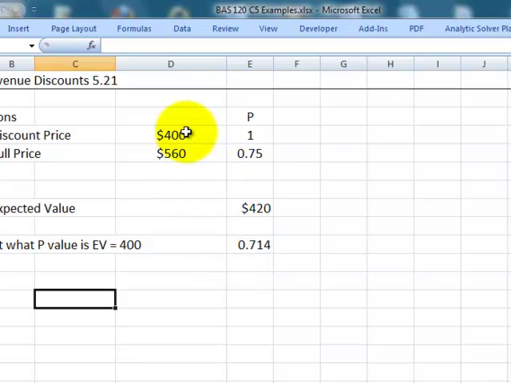Like if you could change behaviors. If people expect that you'll always discount, they might defer buying at full price. Lots of stuff, but it's just a simplistic example of how folks could use expected value, probably in a much more sophisticated way than this example.